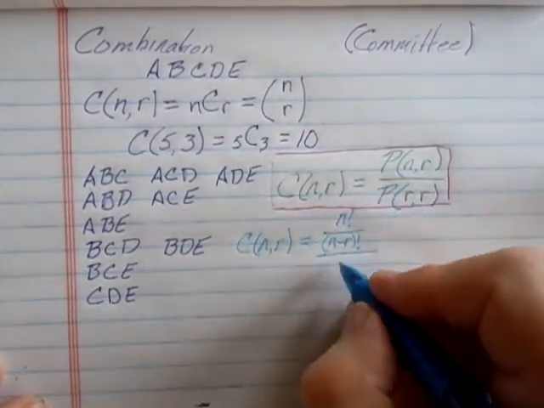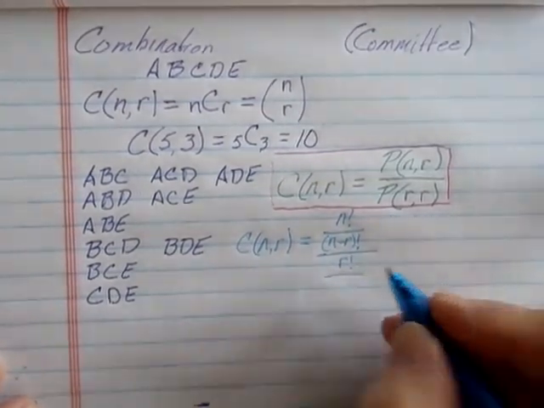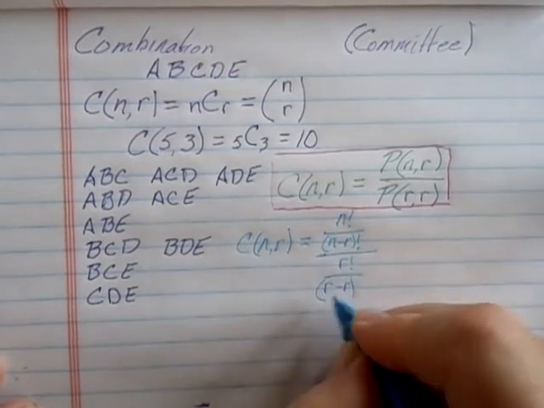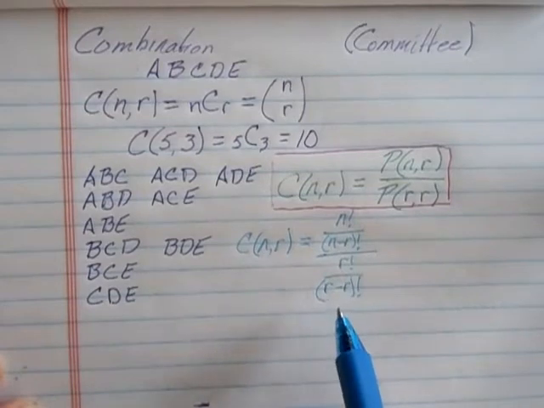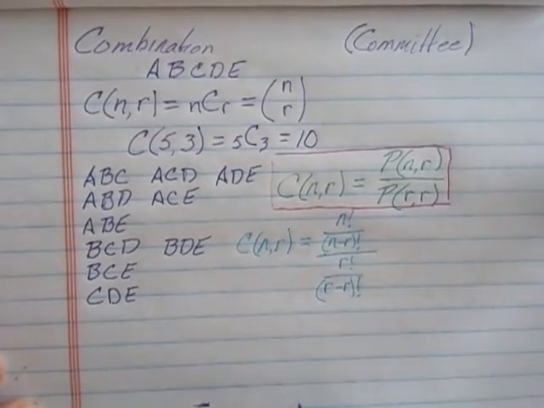And then this part is r factorial divided by r minus r factorial. Remember though that r minus r is 0, and remember 0 factorial is just 1.